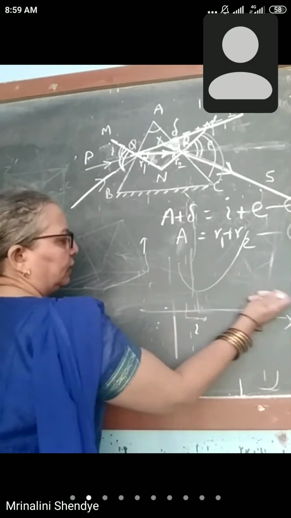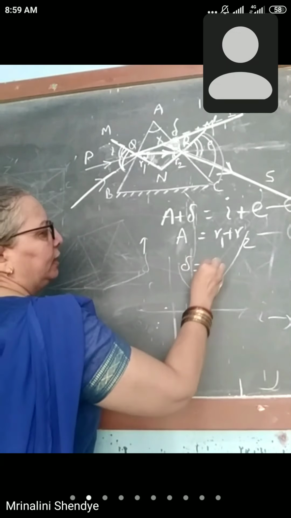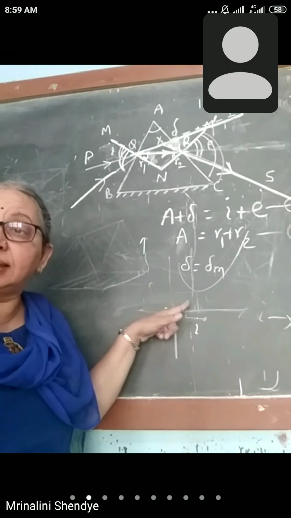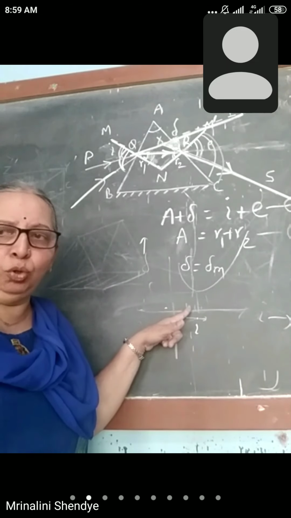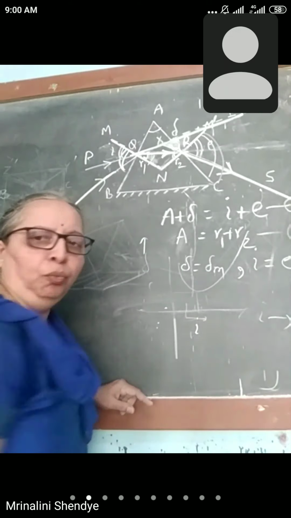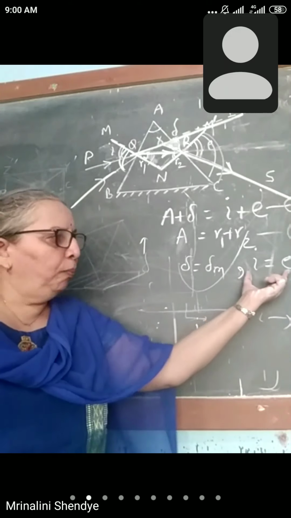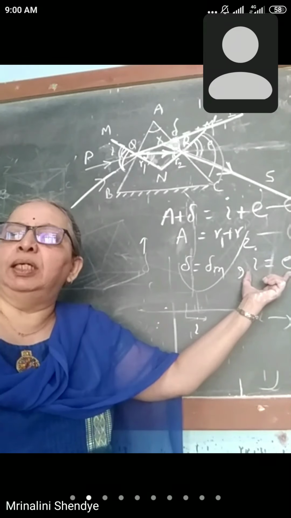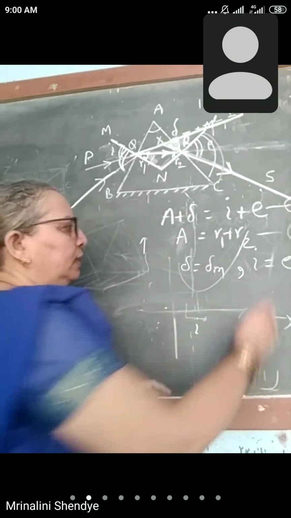So what is the condition? When delta is equal to delta M, we have to find it using this graph. At that time I has one particular value that matches the angle of emergence E. So this is the condition.